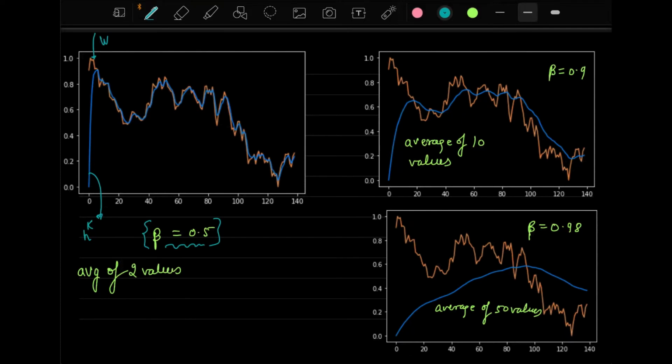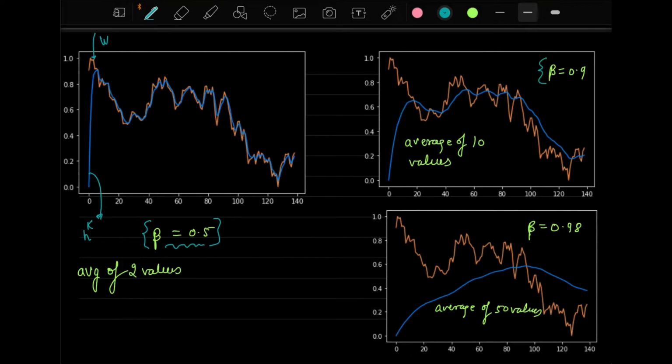So there is no smoothing out going on here. As we discussed, when your beta is small, it will be giving more emphasis to the noisy profile. So now you can see your blue curve is sitting on top of the orange curve, and it's not giving a denoised profile. It is equivalently as noisy as the original one.